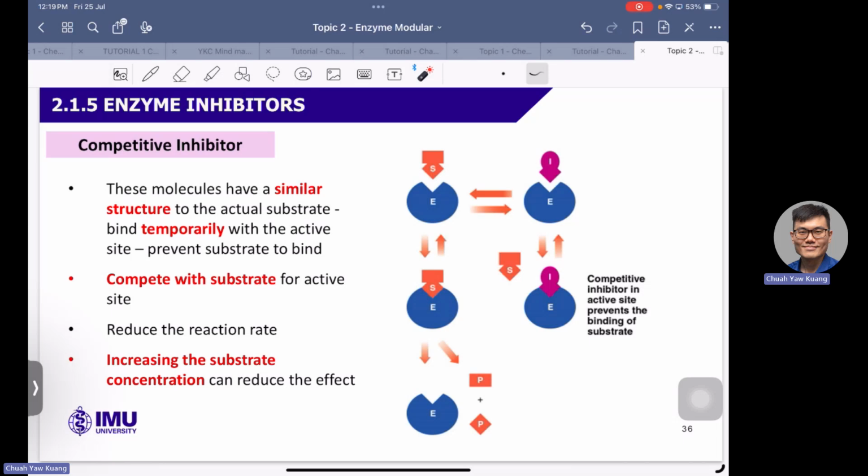But with the competitive inhibitor, let's say now you have one enzyme and one inhibitor. So the chance for the substrate to bind to the enzyme is now only 50%. You lower the chance for the substrate to bind to the enzyme because they will compete.